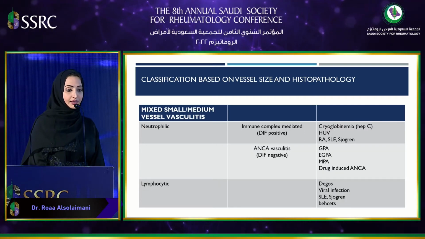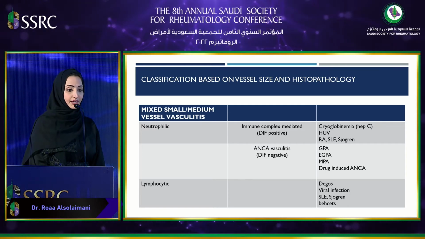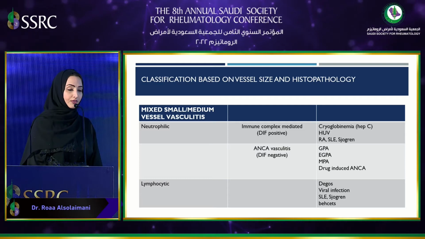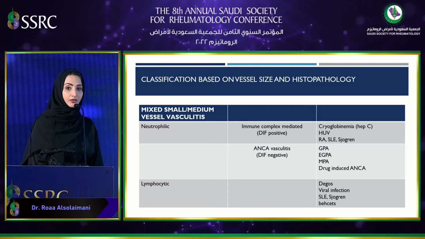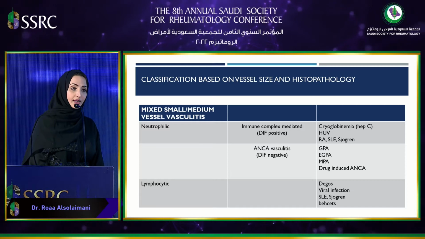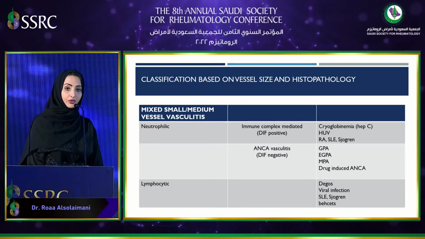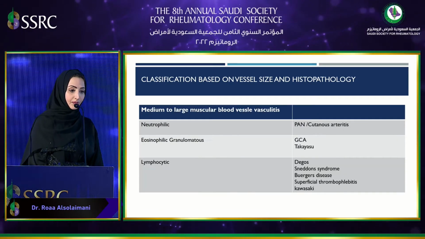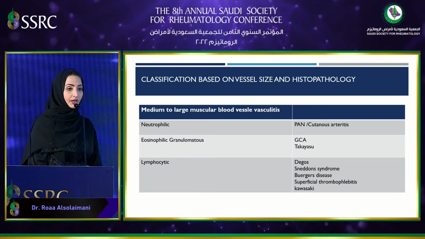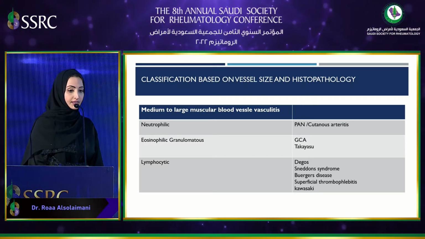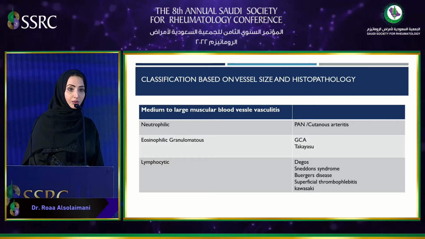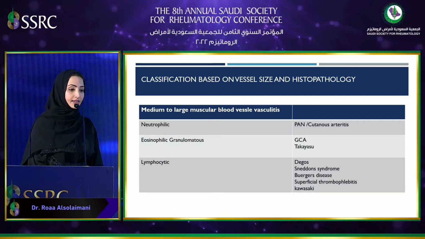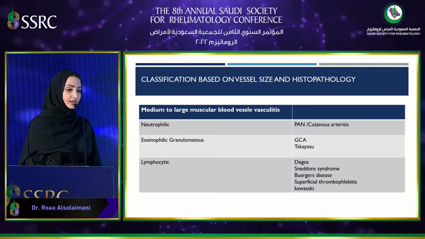In mixed small and medium vessel vasculitis, as in cryoglobulinemia and rheumatoid arthritis, they have neutrophilic infiltrate with positive immunofluorescence testing, whereas ANCA vasculitis presents again with neutrophilic infiltrate, but with negative immunofluorescence. If you have a medium to large muscular blood vessel vasculitis, you will find neutrophilic infiltrate in polyarteritis nodosa or cutaneous arteritis, whereas in GCA and Takayasu, you will have mainly granulomatous infiltrate.